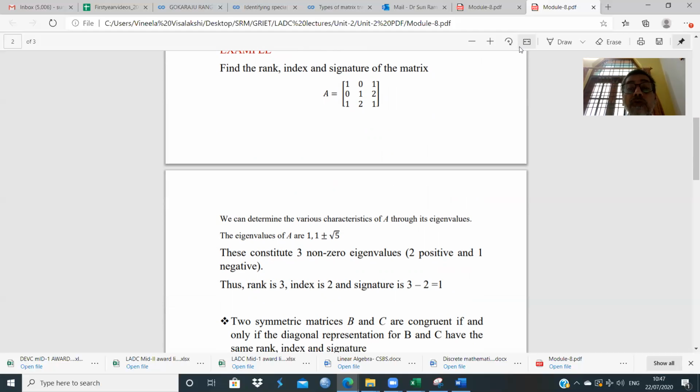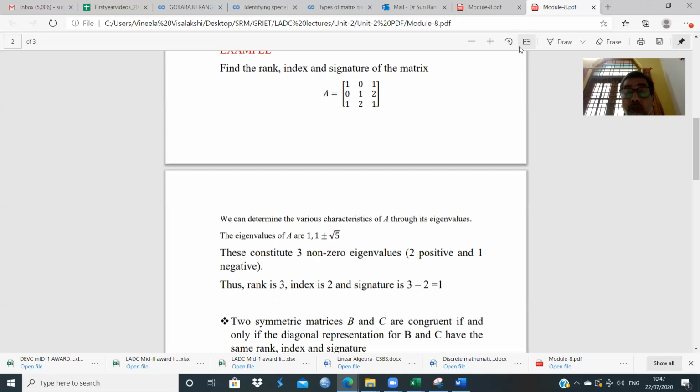Now, the eigenvalues of this matrix can be shown as 1 and 1 plus or minus root 5. So there are 3 non-zero eigenvalues, 2 positive, 1 negative. The positive eigenvalues are 1 and 1 plus root 5. The negative eigenvalue is 1 minus root 5.